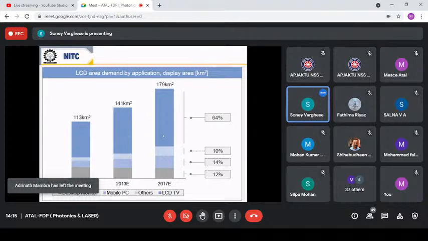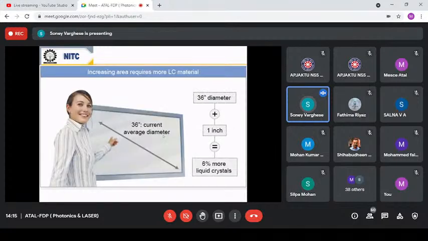Definitely, just area. Just imagine how many display devices a single person is using. If he is using a 50-inch television at home, with a 15-inch laptop, with a 10-inch mobile phone, you can just calculate the area per person. So it's a huge demand for this type of flat panel displays, right?